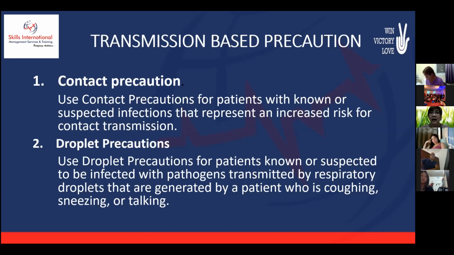So yun yung mga contact precaution, yung social distancing, medyo lumayo-layo ka ng konti, 1.5 meters distance. That's contact precaution. But for droplet precautions, use droplet precautions for patients known or suspected to be infected with pathogens transmitted by respiratory droplet.